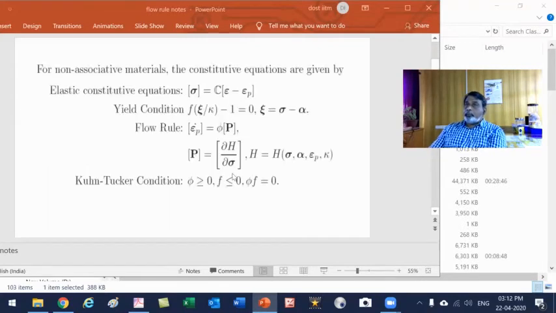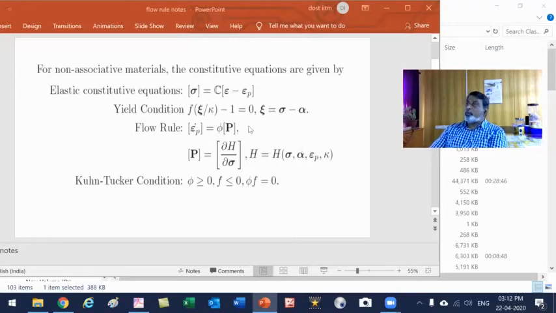Now, if I add that into the set of constitutive equations that we already know, then we have the elastic equations given by this. The yield condition is given by f of, I'm going to introduce a psi here. Psi is nothing but sigma minus alpha. Alpha, as you know, is the back stress. So I can write the yield function in terms of that, divided by k, minus 1 equal to 0.